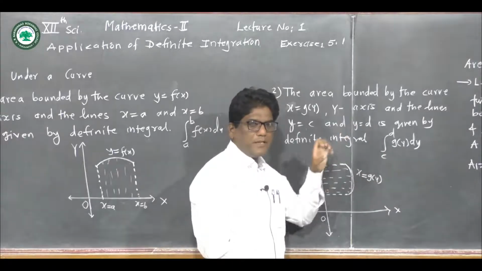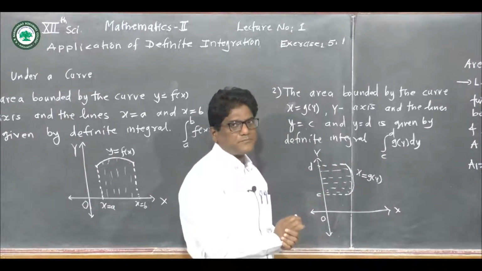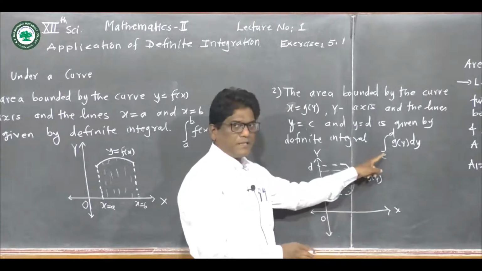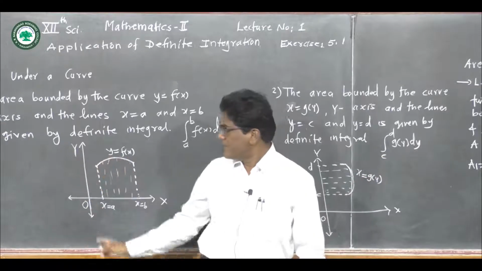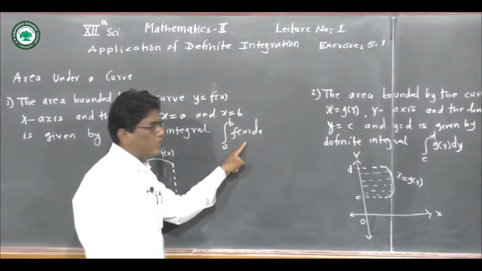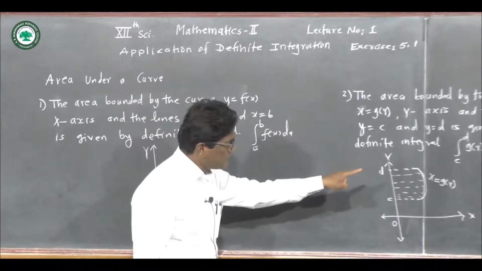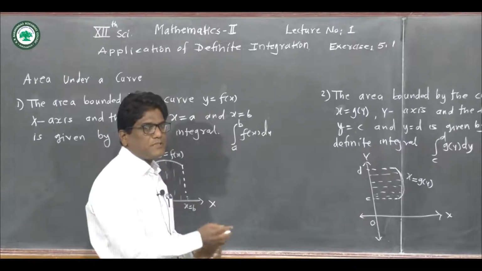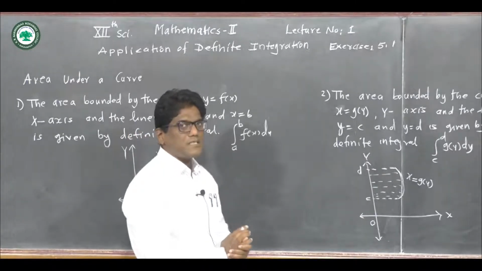So if we want to find the area under a single curve and the axis, we take it as a definite integral, either this formula integration from a to b f of x dx or integration from c to d g of y dy. So these are the formulas to find the area under a single curve.